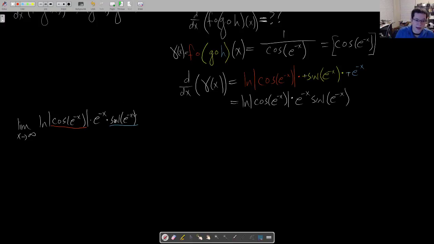No matter what x is, the value of sine of e to the negative x will be somewhere between -1 and 1. The value of cosine of e to the negative x will always be somewhere between -1 and 1. E to the negative x, however, will shrink. And so if you're multiplying all of these numbers together, let's deal with this part first.